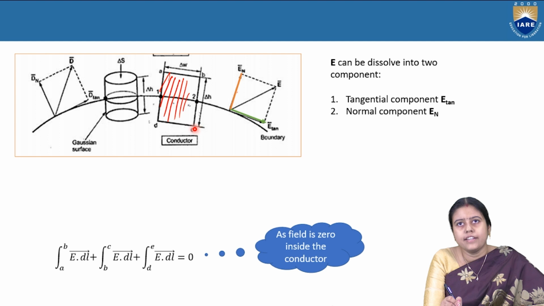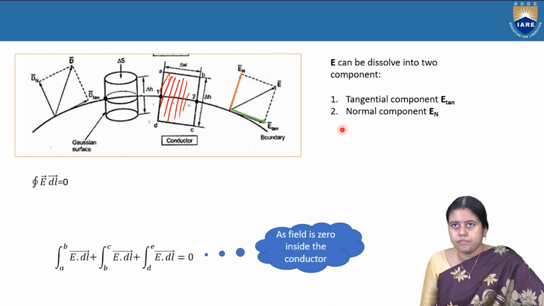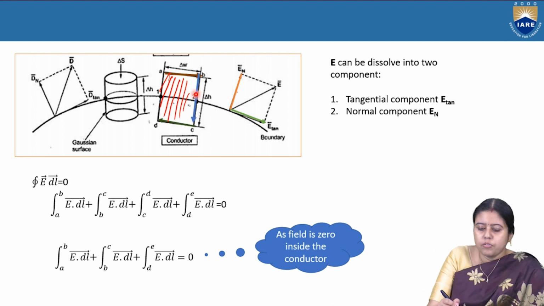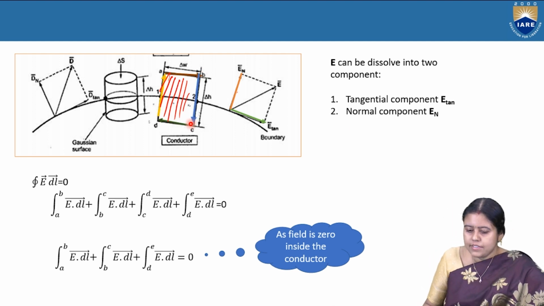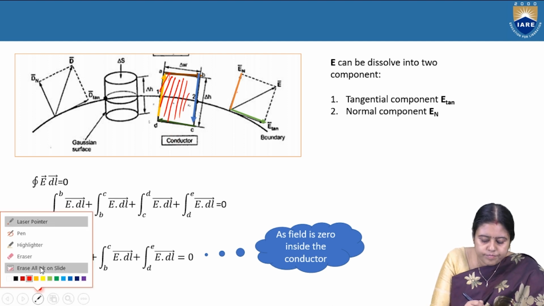AB and CD are the tangential components, and BC and AD are the normal components, shown by orange and green color. Actually, the color is not coming properly here.